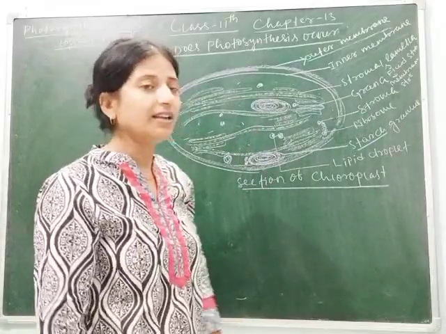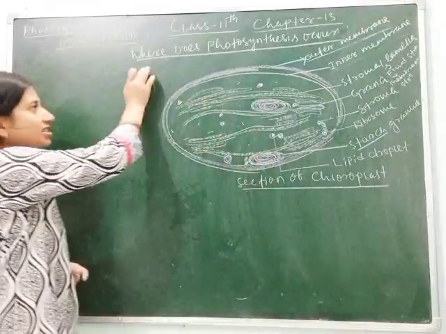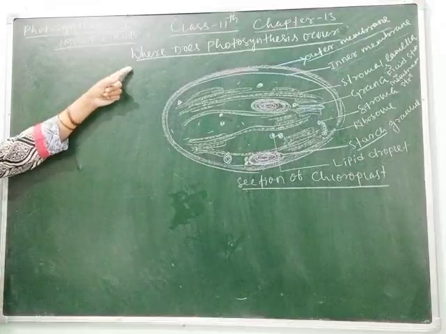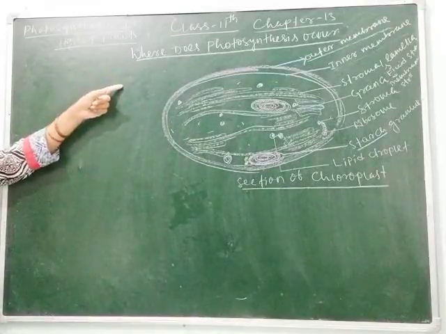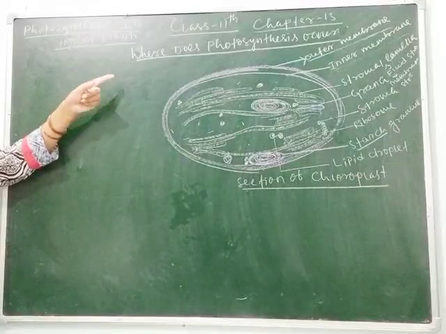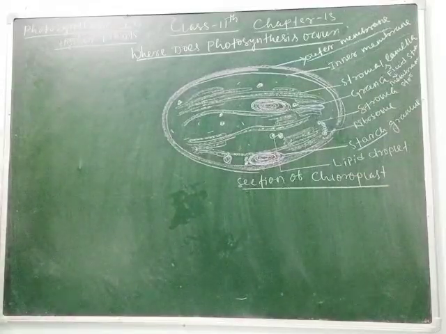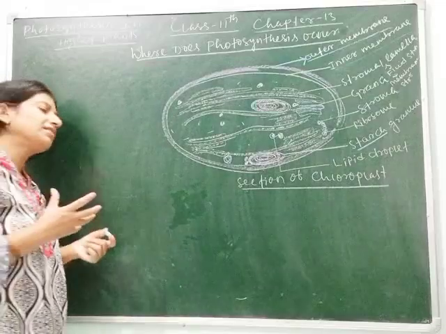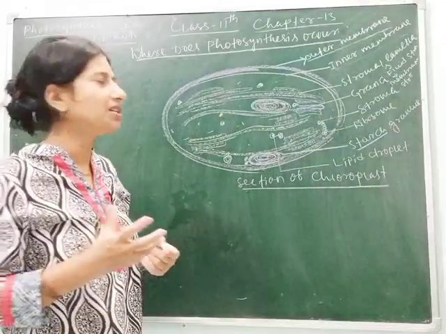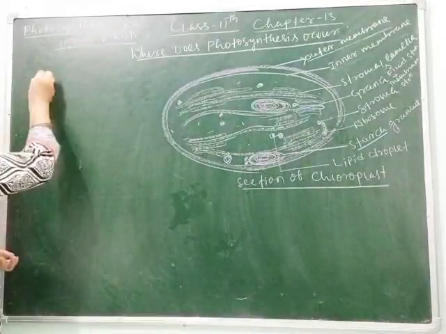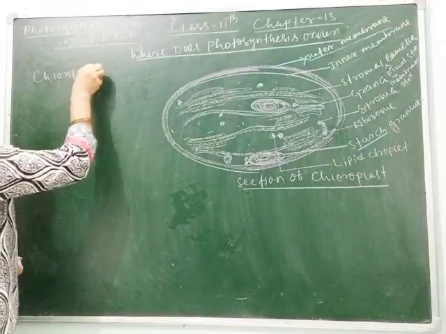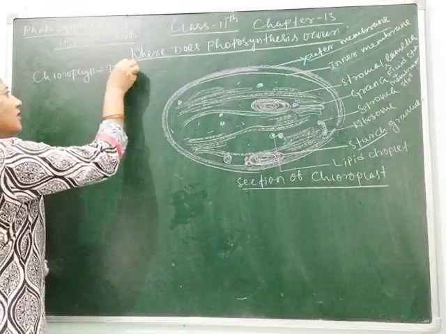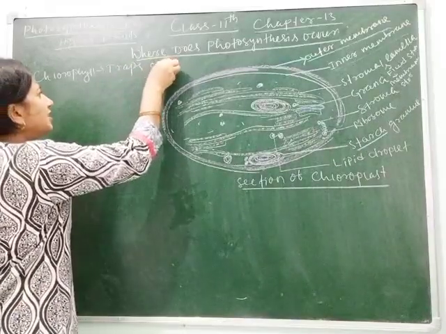Now our topic is where photosynthesis occurs. Photosynthesis occurs in the chloroplast. Again, where? In the mesophyll cells, where chloroplasts are present in large numbers. They contain chlorophyll, and chlorophyll traps sunlight.